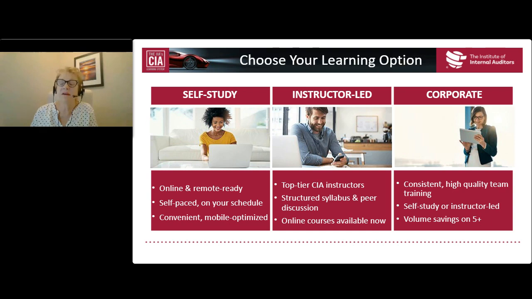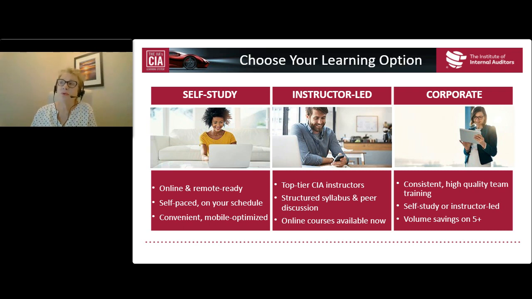So oftentimes chief audit executives will use the classroom environment and hire an instructor to come in, even if it's just to refresh their team members on the IIA standards, and particularly Part 1. Part 1 and Part 2 as well. Part 1 covers all of the various attribute standards and the 1000 series of standards, fundamentals of governance, risk, and control, and then the high-level coverage on fraud topics.